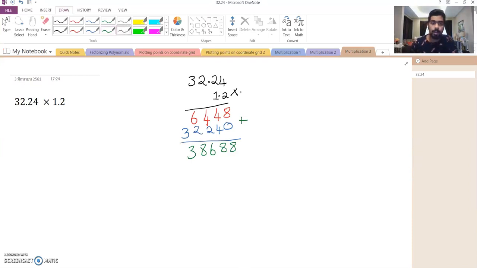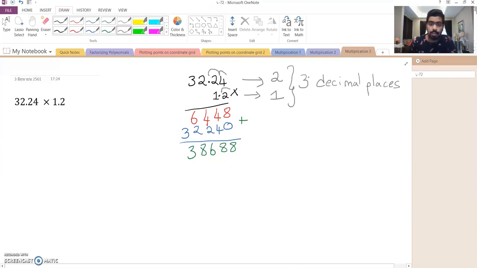Okay, guys, for the final step. If you take a look at the top number, how many decimal places do we have? We have 1 and 2. So we have 2 decimal places. How many decimal places do we have in the bottom number? We have 1 decimal place here. So in total we have 3 decimal places.